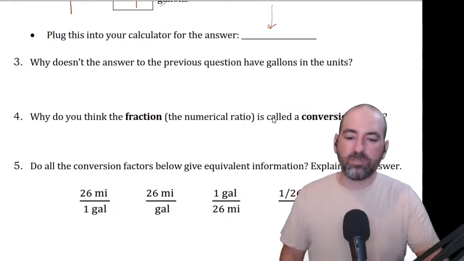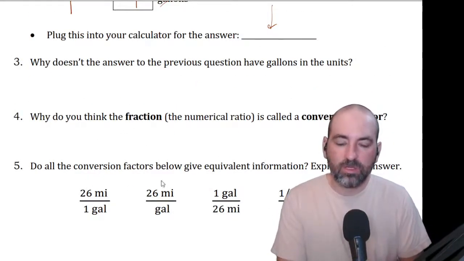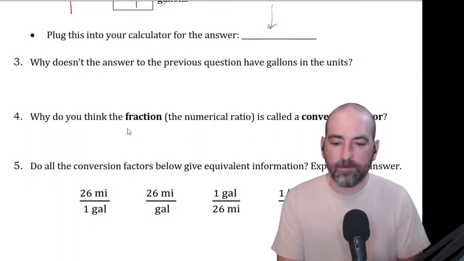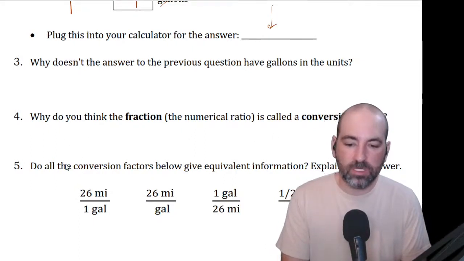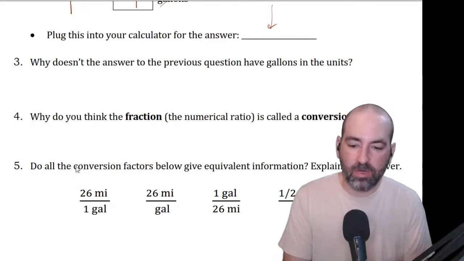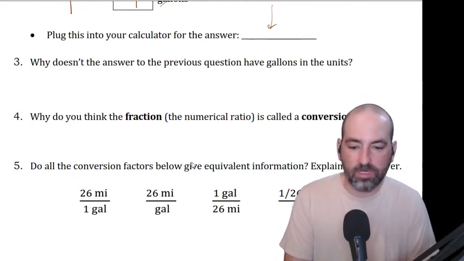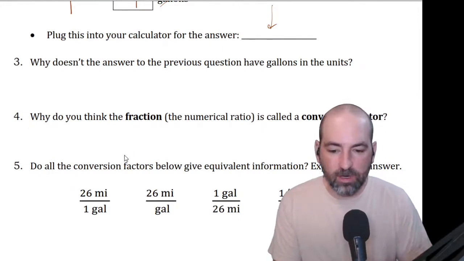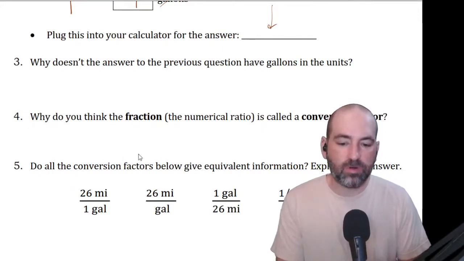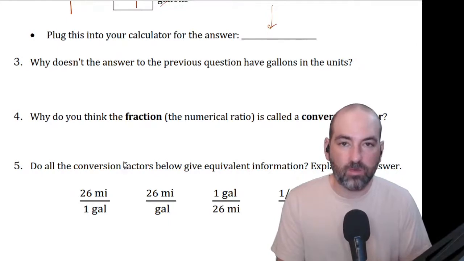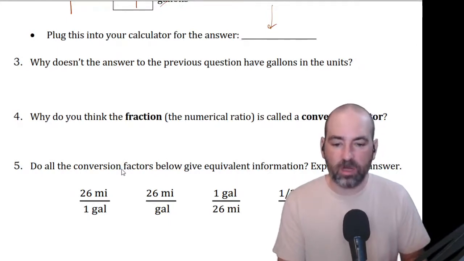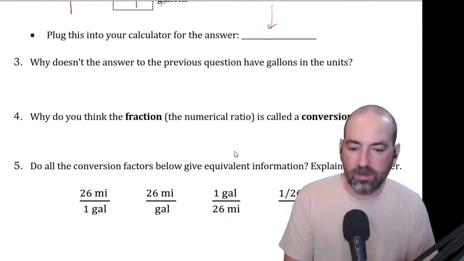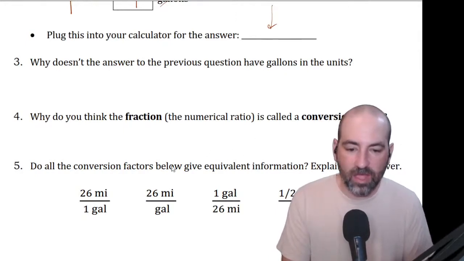And so here are some different ways to express the relationship between miles and gallons. So we can say, in the most explicit way, 26 miles per 1 gallon, or 1 gallon per 26 miles. We can also leave out the 1 here and just say 26 miles per gallon, understanding that the 1 is actually there, it's just not drawn in. We can also say there is 1/26th of a gallon per mile.